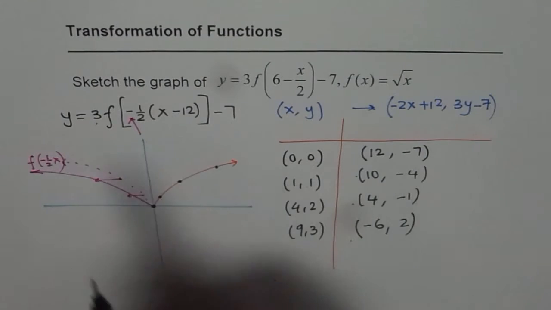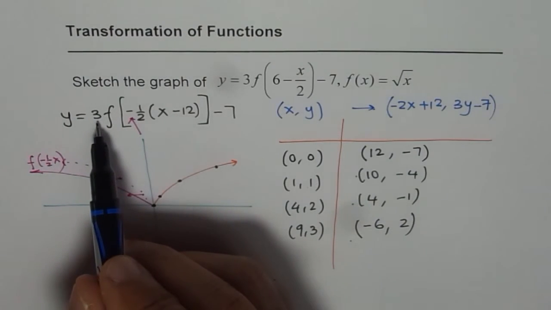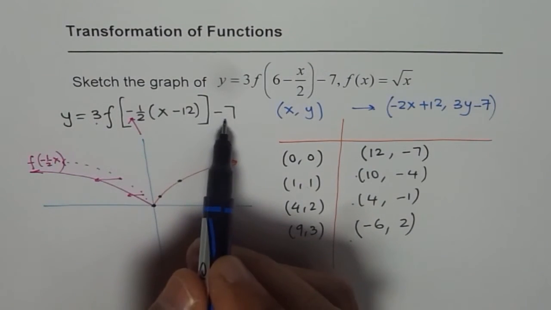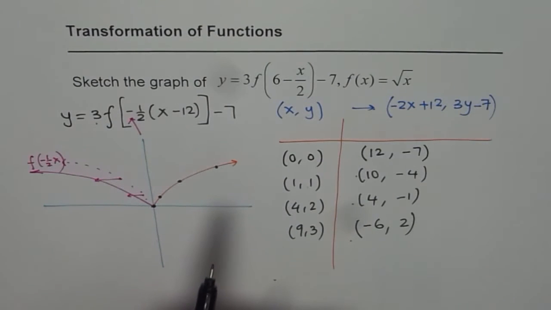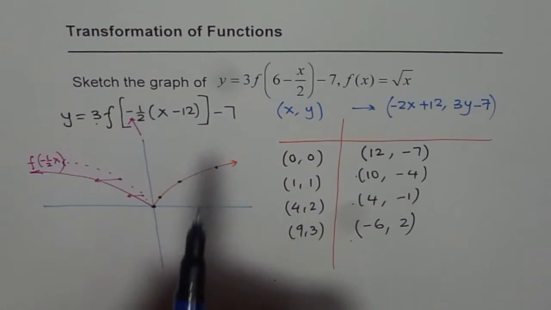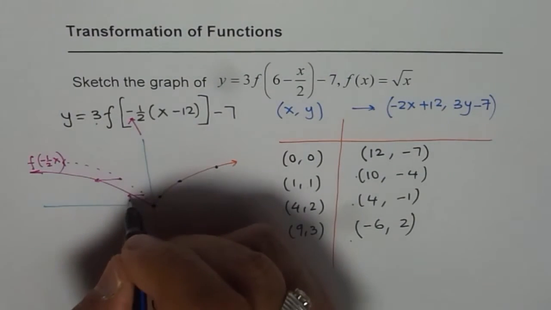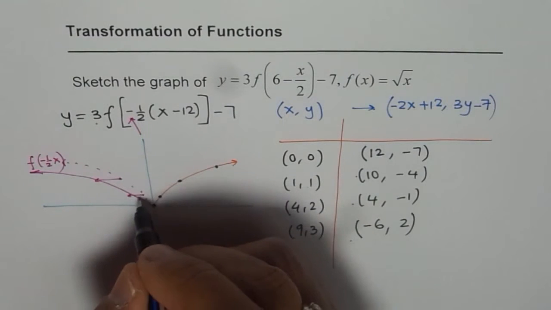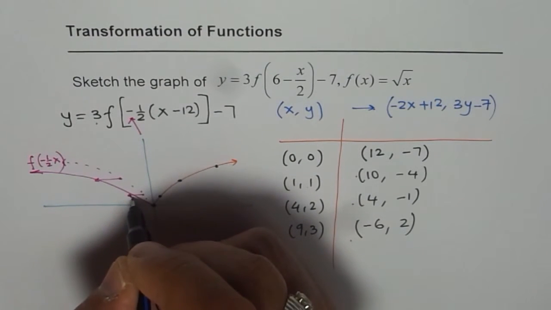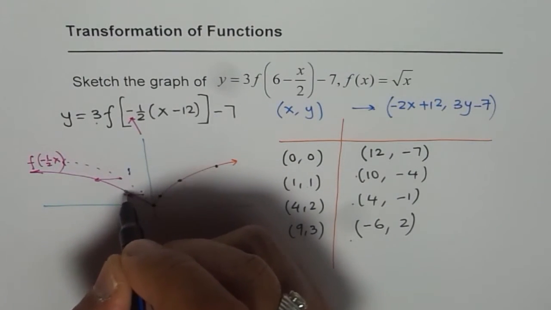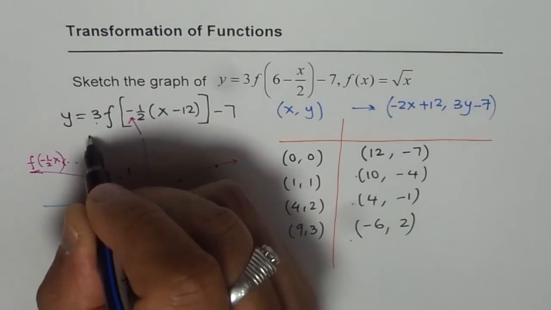Now at this stage we can do a vertical stretch of 3 and then the translations. Remember, all these stretches, compressions and reflections should be done first and they should be followed by translations. So 3 means each point, let's say this is at 1, goes to position 3. So it gets stretched like this.